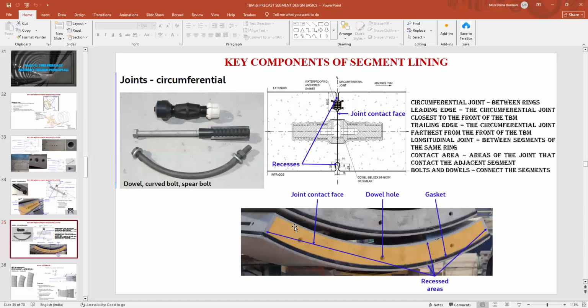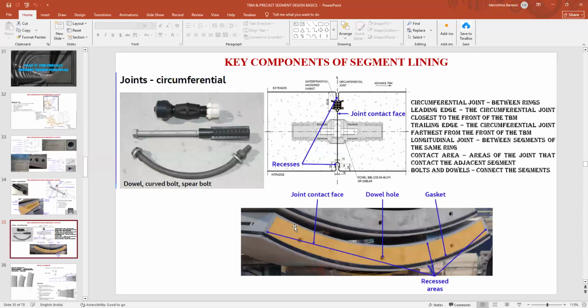It is up to the client, whatever is placed in the contract, because these bolts are not carrying any type of structural loads. So this is just for joining, or for dictating the alignment of the curve, and it is mostly the joining of the segments to make a complete ring. So you can see the dowels, mostly we are putting wherever it is a very hard rock or hard stratum.